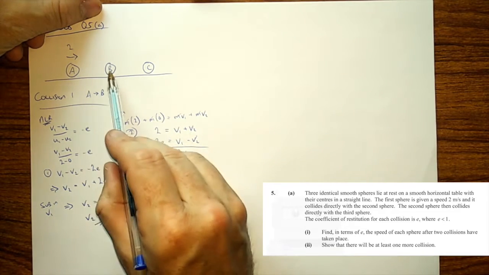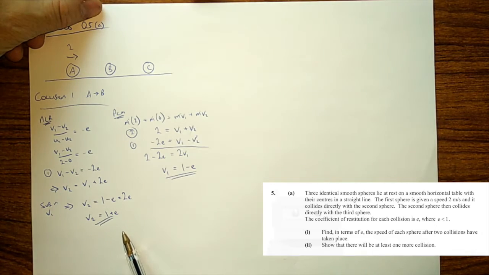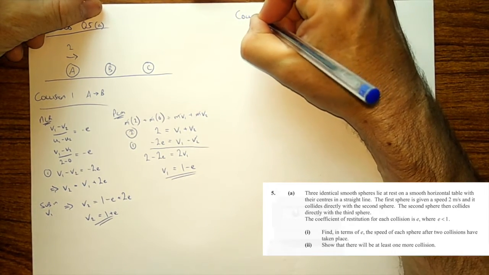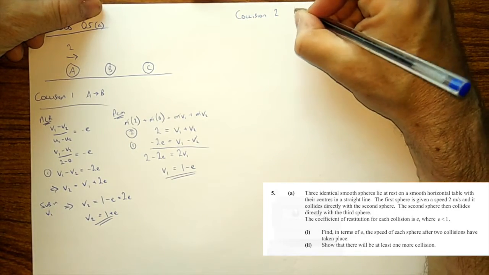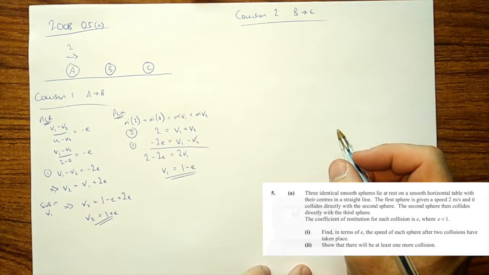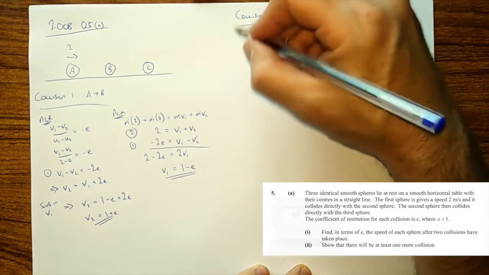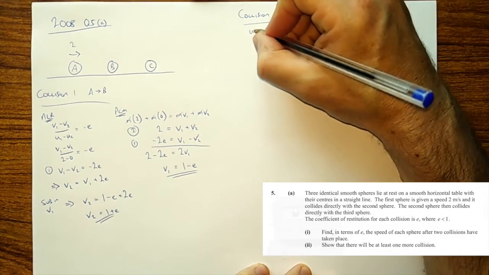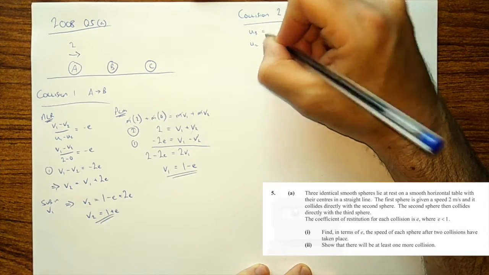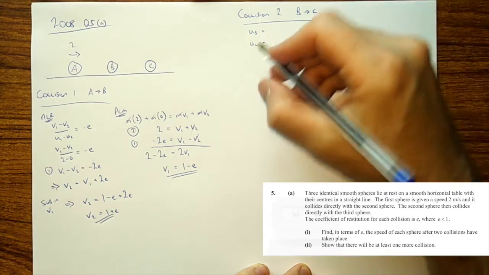The second collision, of course, is going to be B hitting C. So we'll come up here for a fresh start. Collision 2, B into C. Now it is getting a few more bits going on, so we're going to put down U of B and U of C, to get clear in our velocities and terminology.